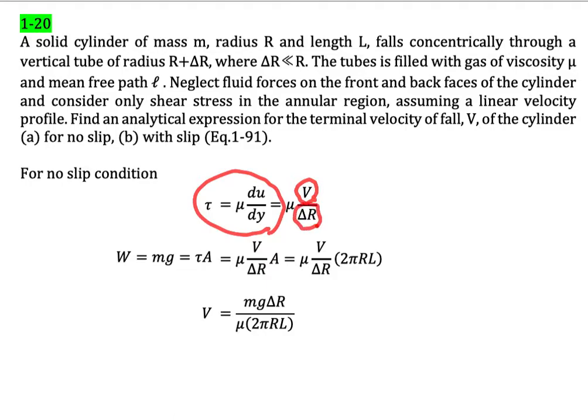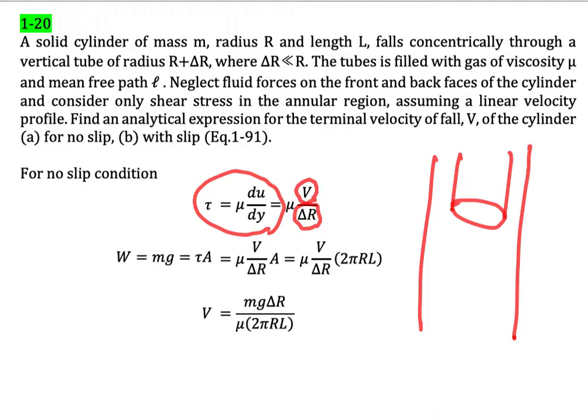As I said, we have a cylinder here falling down. It is clearly said that the object is falling down with v. So we change the du to v. Why? du is normally the difference of velocity, but terminal velocity means the velocity has now become constant, due to the weight of the mass.